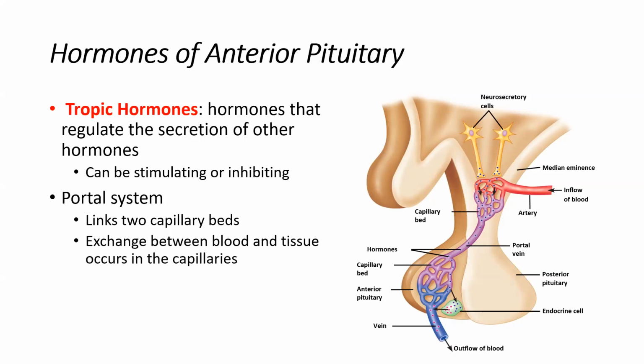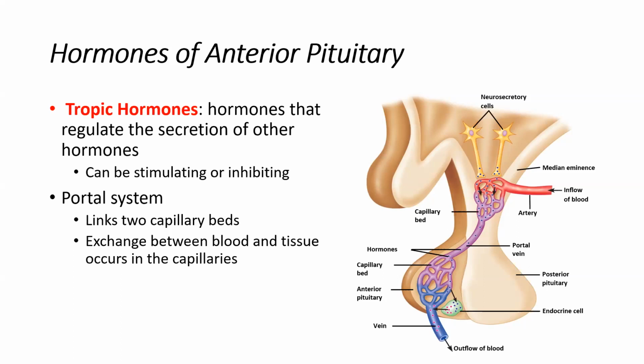Okay. We can also speak about the portal system that is involved with the anterior pituitary. So the anterior pituitary also falls under this unique type of blood flow that we call a portal system. Now, the portal system is not unique to the pituitary. We see it other places in the body, but basically this is a flow where we have two capillary beds before we get back to the heart.